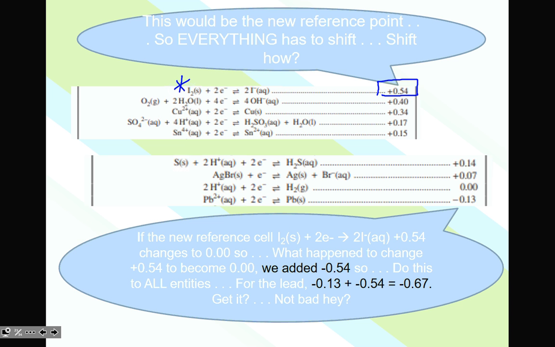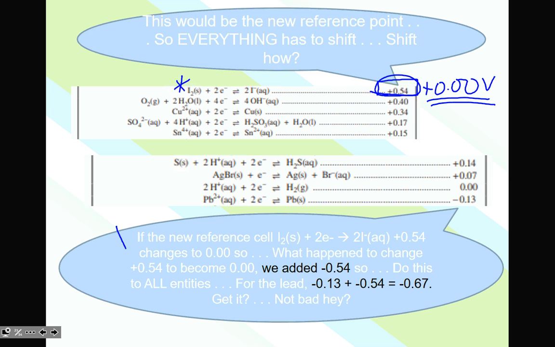0.54, a voltage of 0.54. So now this becomes 0.00, and it doesn't matter, it's positive 0.00 volts. So we have to shift everything. What did we do to this number to get to a voltage of 0?